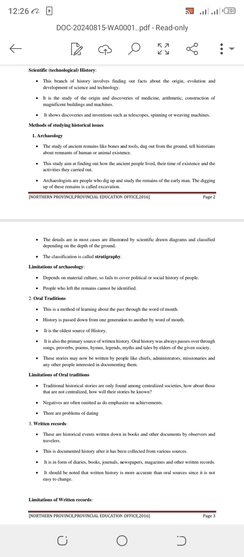So when you look at the points given there, this is a method of learning about history through word of mouth. So you find that if your grandmother tells you that during independence, Milimi was 2 kwacha, and you also grow old and get to have your own grandchildren, you come and tell them that Milimi during independence was 2 kwacha.